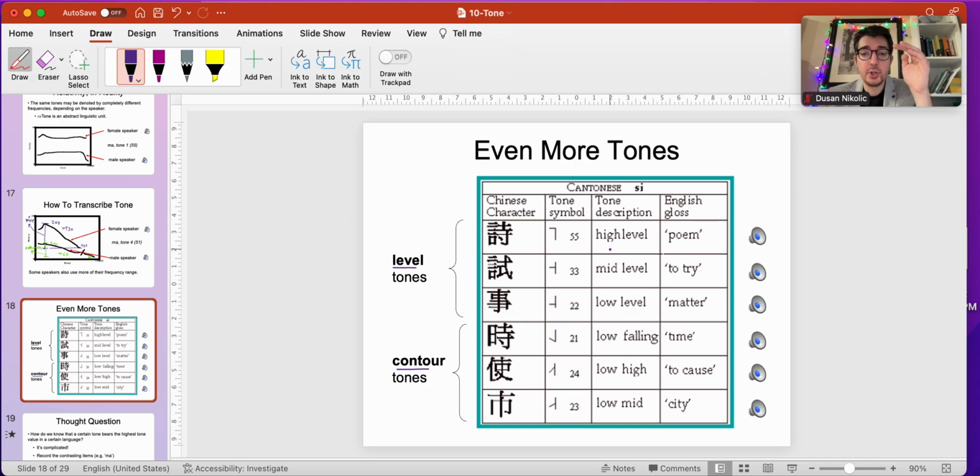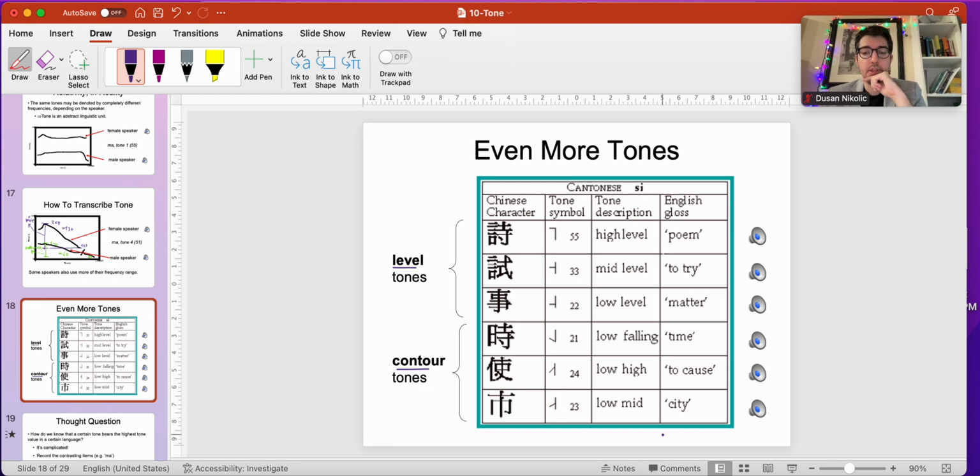There are 3 level tones in Cantonese: high level, mid level, low level. There are 3 contour tones in Cantonese: low falling, high falling, low high, and low mid. And these change their movement. Their trajectory is changed throughout the tone.